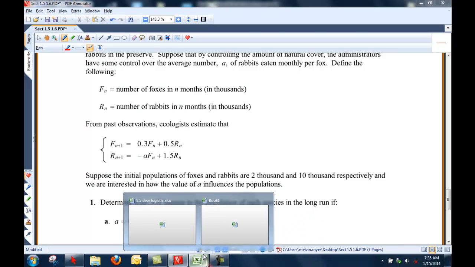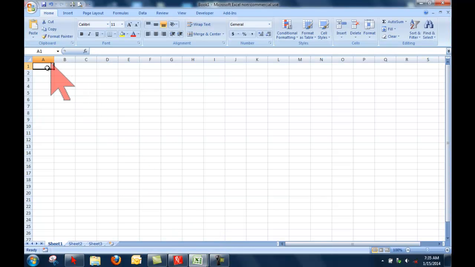Let's do an Excel simulation here. So I'm going to have a column for the fox population and for the rabbit population. And I'm going to have this parameter A that I'm adjusting, so I'm going to make a named cell for that parameter right now here in D2. And here we go with plugging in the fox and rabbit populations.